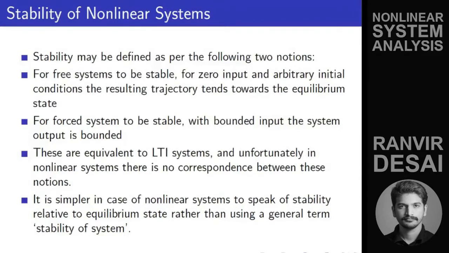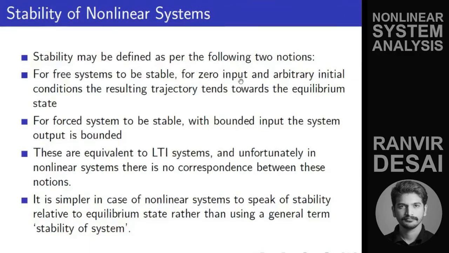Okay, so let's start. Stability in terms of any system can be defined in these two notions. First is for free systems to be stable. Free system means they are having zero input.